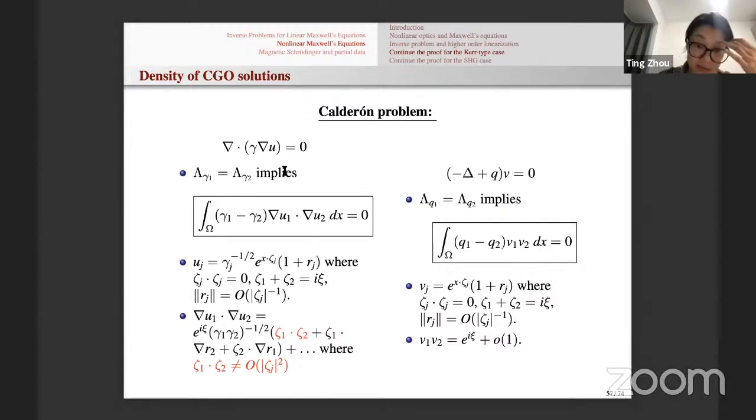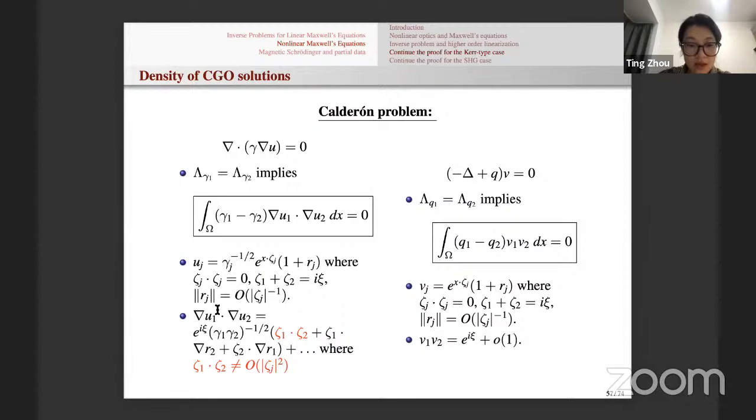But on the left-hand side, you can still do the same thing for the conductivity equation itself by deriving an integral identity looking like this. And if you also use Uj being the CGO solution coming directly from the Schrodinger equation, meaning you have a CGO solution V and you multiply it by the square root of the conductivity, you get Uj, or 1 over that.